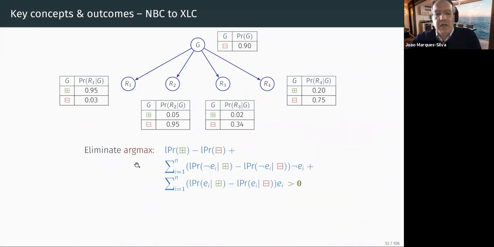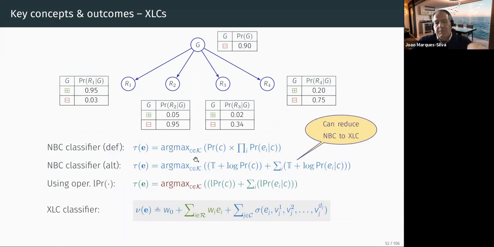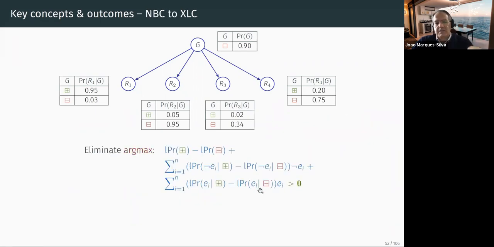Okay, so how do we eliminate the argmax? Instead, we pick plus if the difference of plus with respect to minus is greater than 0. So this is what I write here. I want the difference between the plus and the minus to be greater than 0. And then I'm going to aggregate terms because, again, I have Boolean features. I'm going to aggregate in terms of the positive literals and the negative literals. Okay.